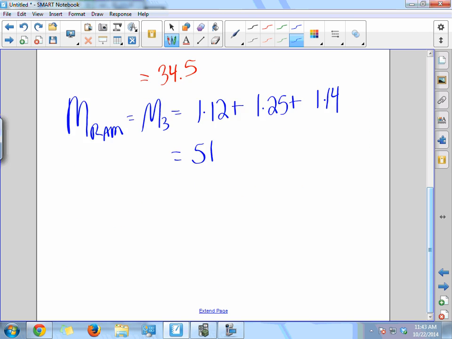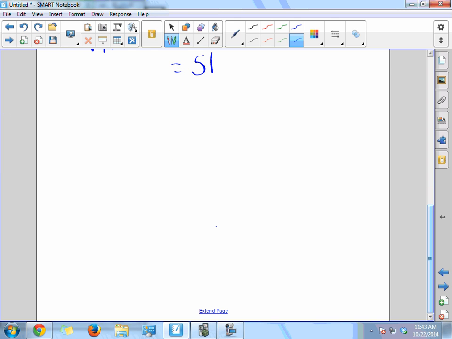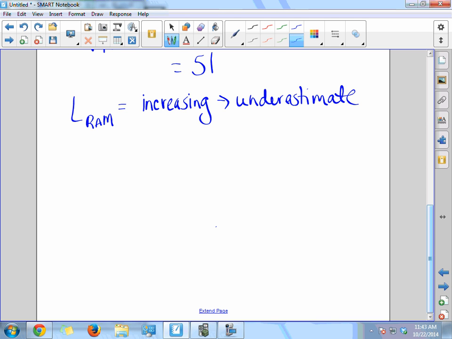A few things to remember about Riemann sums, and these are questions that come up a lot. If you're doing a left approximation, then if your function is increasing, this is going to be an underestimate, just like the function that we saw on the previous example. If it's decreasing, it's going to be an overestimate.